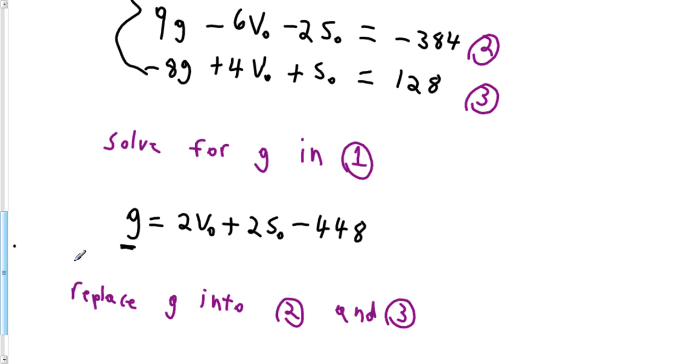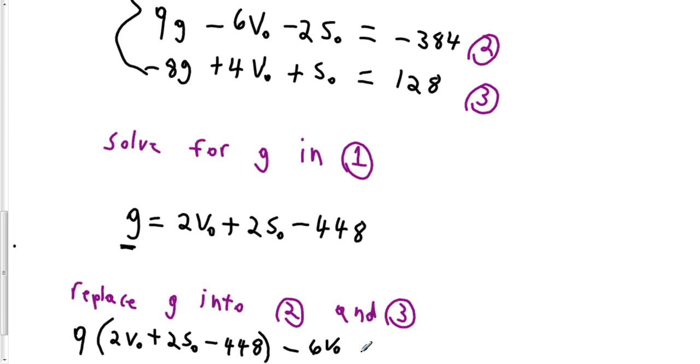So we're going to have 9 multiplied by g, but we just found that g was 2v naught plus 2s naught minus 448, and then that's still minus 6v naught and minus 2s naught, and that's going to equal still negative 384. So there I've plugged my expression for g into equation 2.